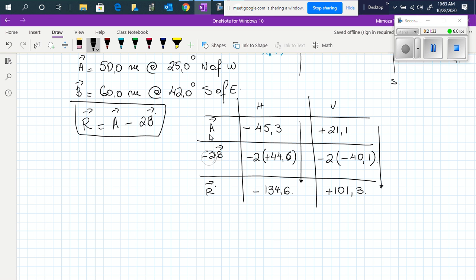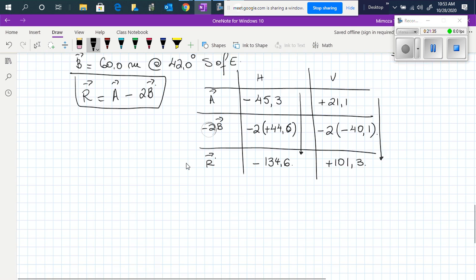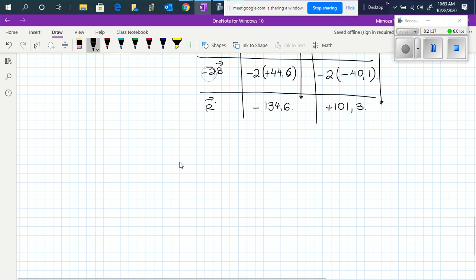Now, what those two numbers are telling us is that the horizontal component of the resultant is negative.